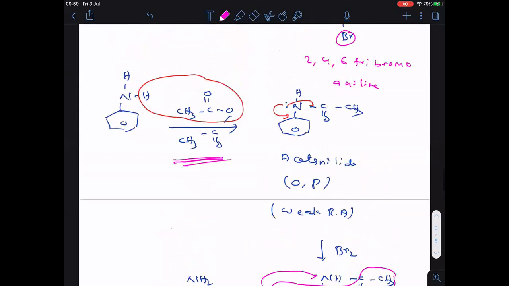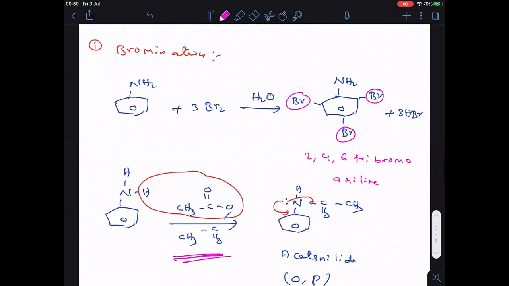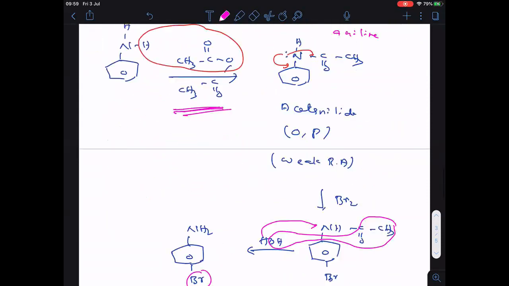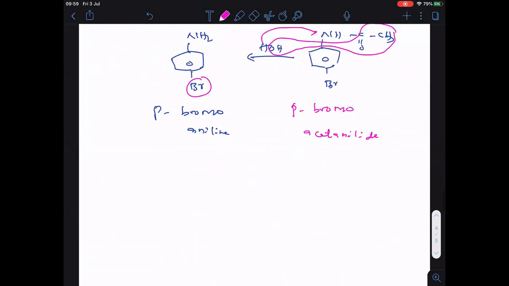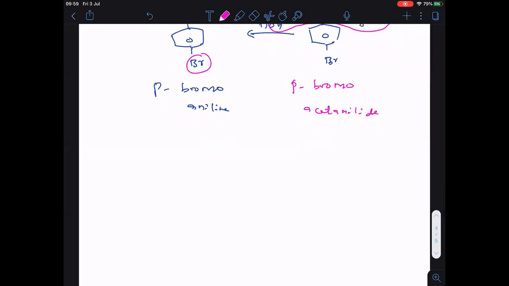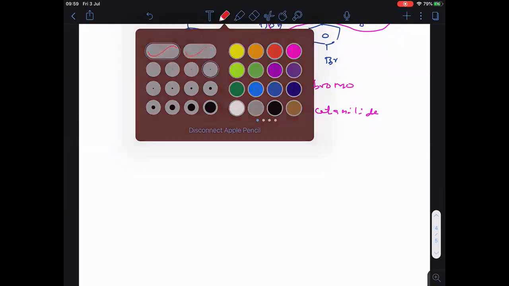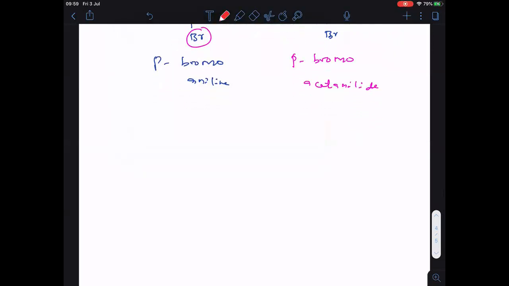Clear everyone? And if you take bromine water, you will get tri-substituted products. Hope you are able to understand. This is bromination.